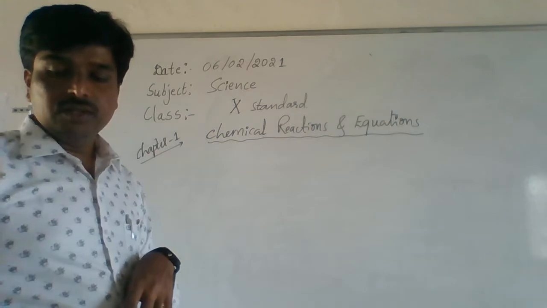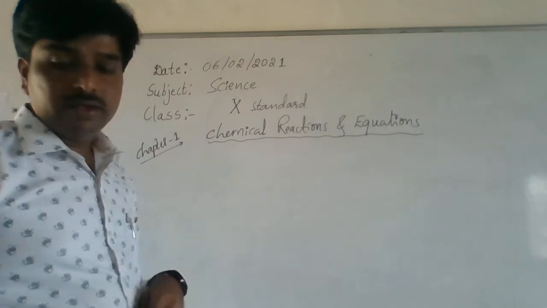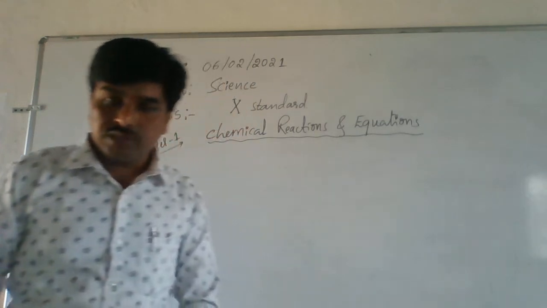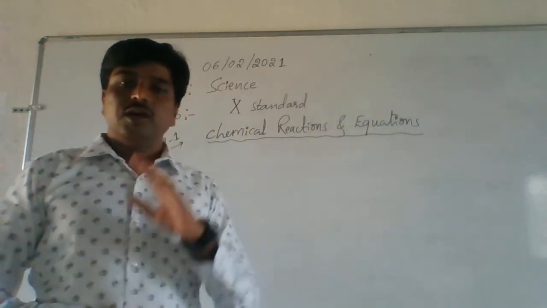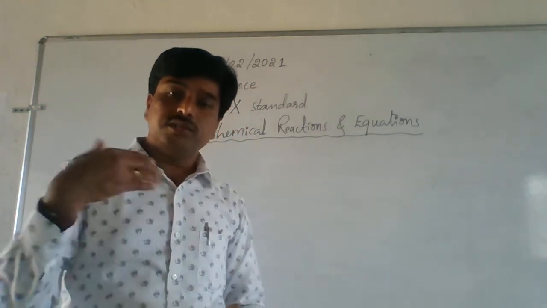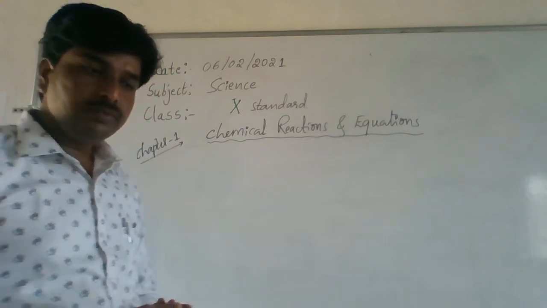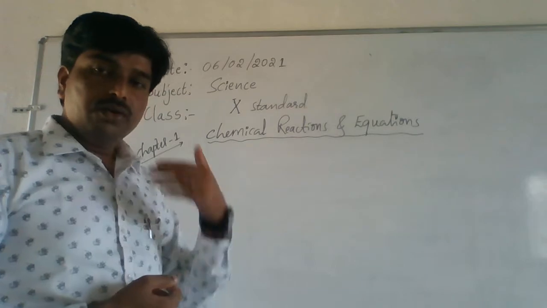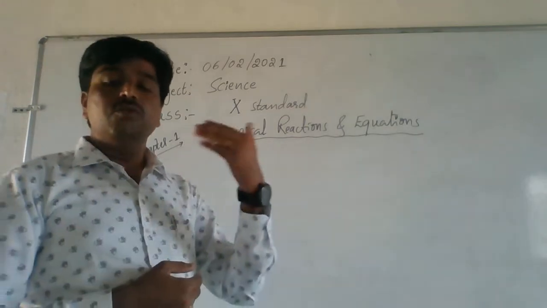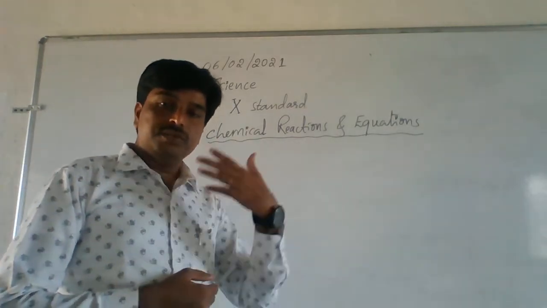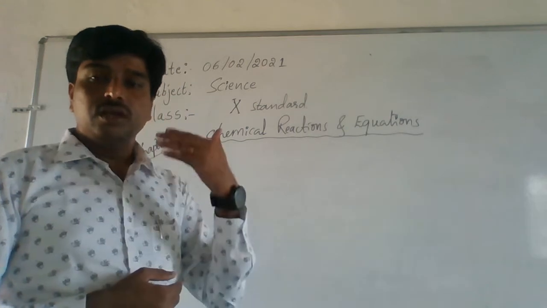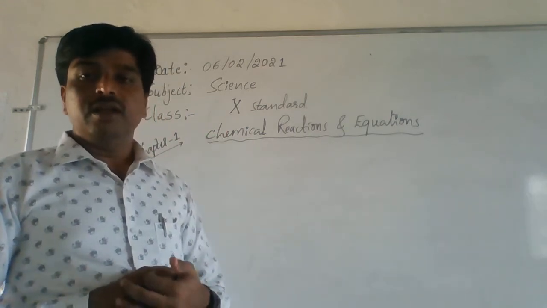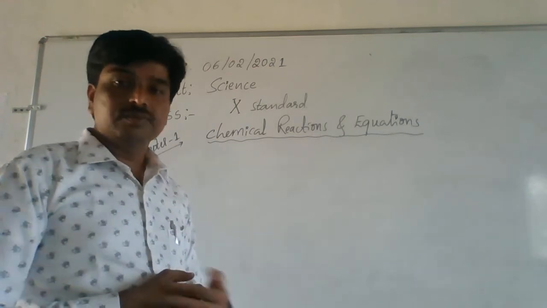Understand, students? So let's come to this point. Chemical reaction means it is a process in which new substances are formed with a new property, that we call a chemical reaction.